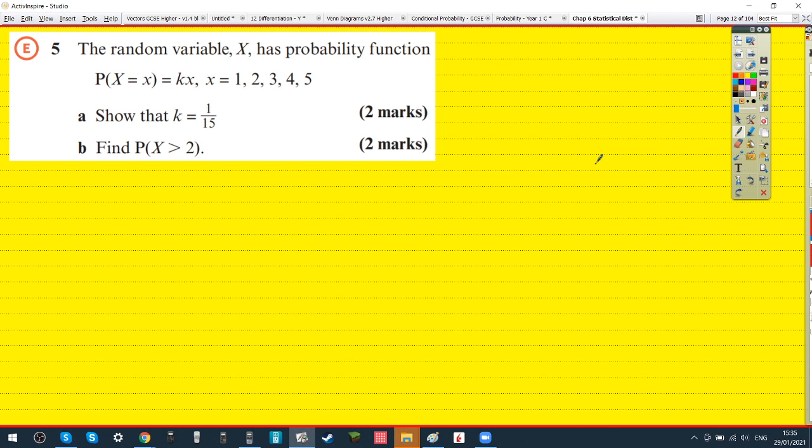Okay, so K plus 2K plus 3K plus 4K plus 5K equals to 1. 15K equals to 1. K equals to 1 over 15. Yeah, probably. That X is greater than 2.